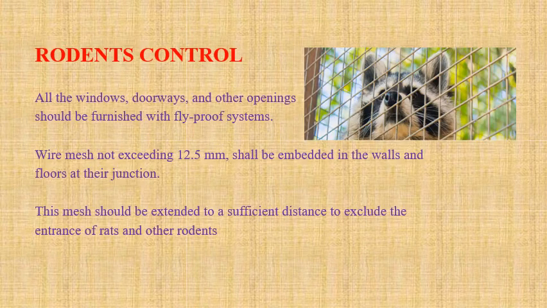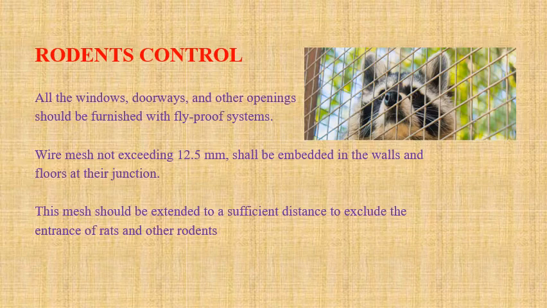Rodents control. The rats, mites, etc. are a great nuisance for slaughterhouse, meat plant or any food processing area. So there should be sufficient measures to prevent their entry. All the windows, doorways and other openings should be furnished with fly-proof systems.